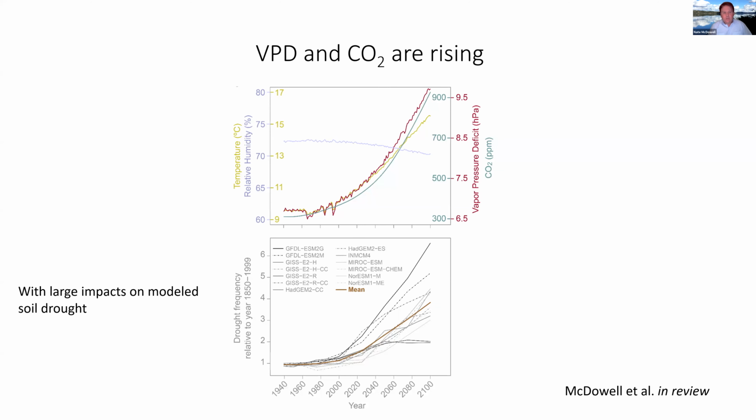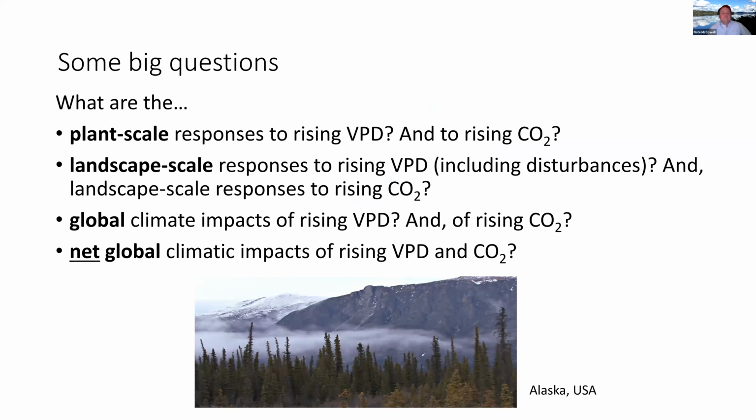This is soil drought, both at the 10 centimeter level and the whole rooting profile level gave similar answers. And we see a higher frequency of these severe soil droughts with time, largely due, we think, to the rising vapor pressure deficit.